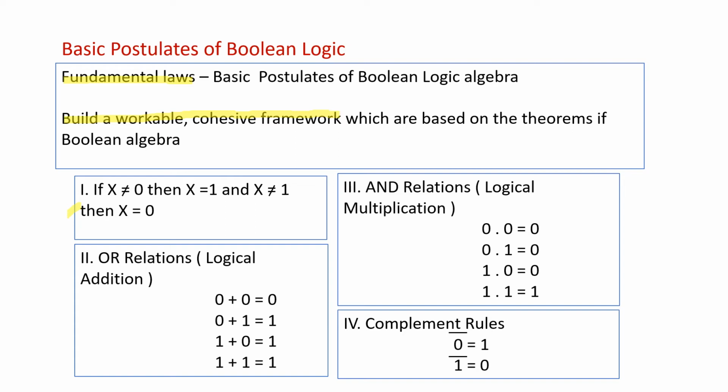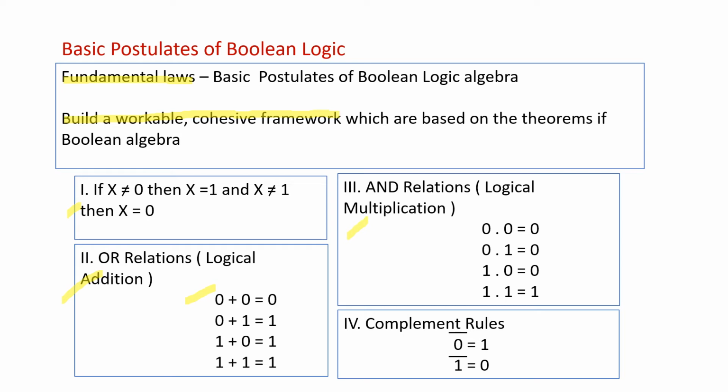And what does postulate 2 state? It says that for the OR relation, which is nothing but the logical addition, 0 or 0 is 0, 0 or 1 is 1, 1 or 0 is 1, and 1 or 1 is 1. The third postulate is the AND relation, which is the logical multiplication.